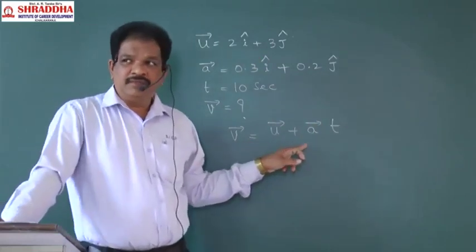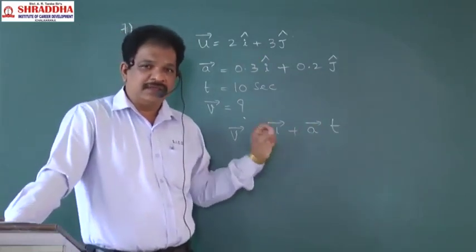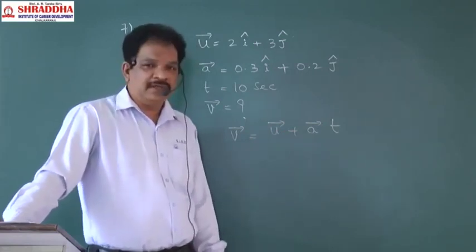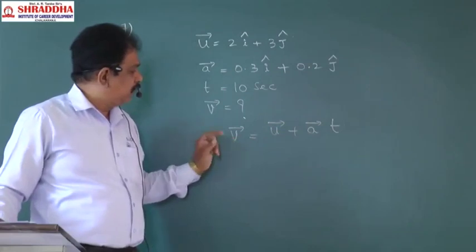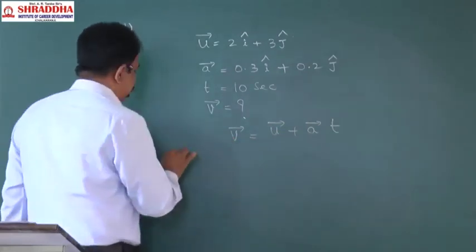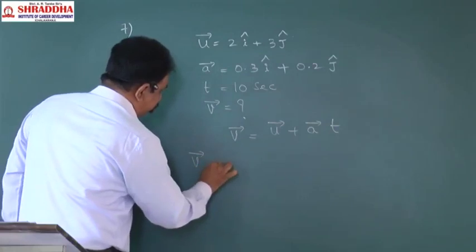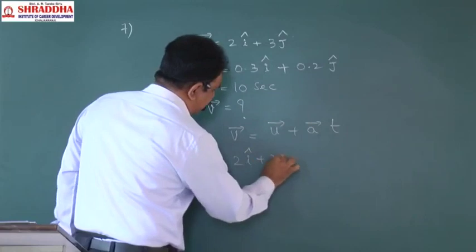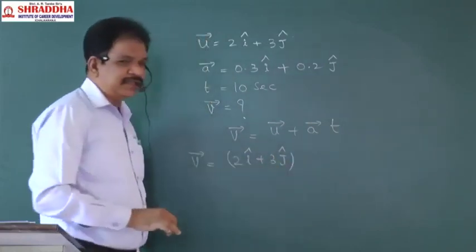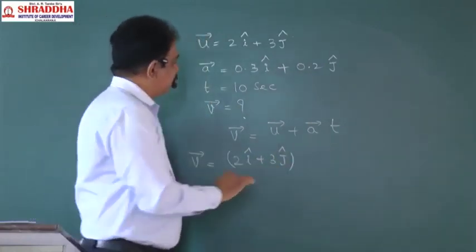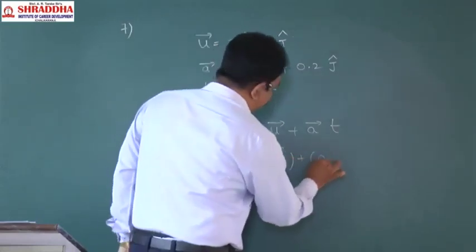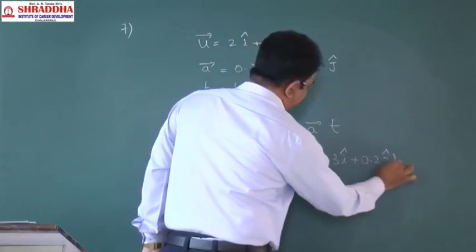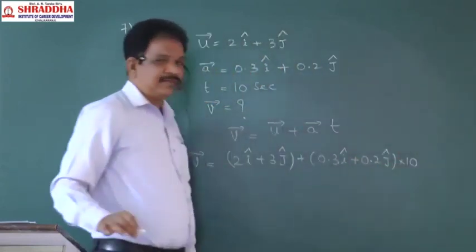When body is moving with uniform acceleration, velocity of the body after time t, that is calculated using this formula. Then V bar is equal to U bar value will be 2i cap plus 3j cap. A bar value will be 0.3i cap plus 0.2j cap into 10.